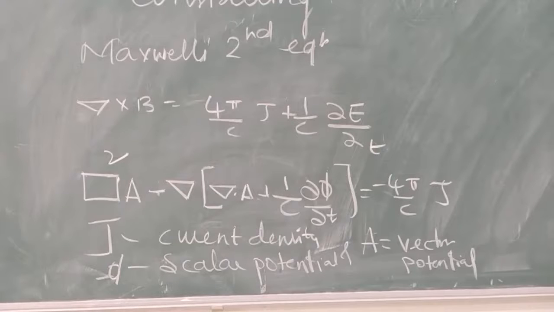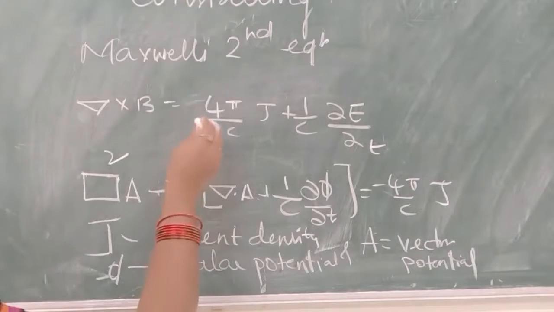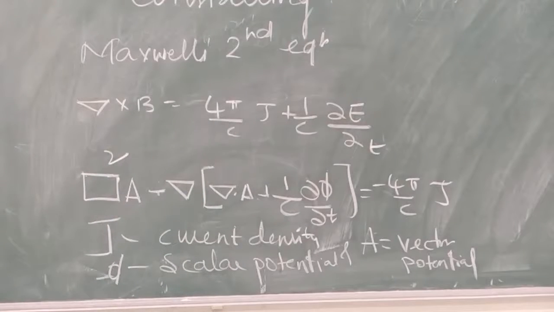And this is all the derivation part for calculating vector and scalar potentials. Here we are representing these two terms, phi and A.